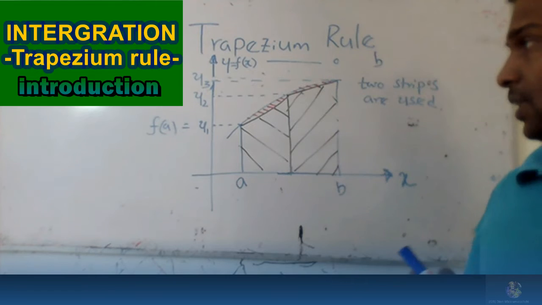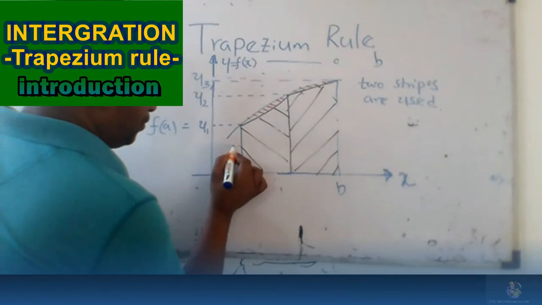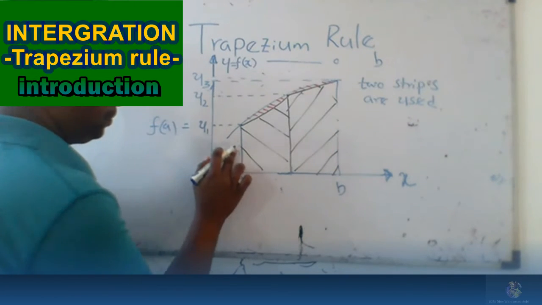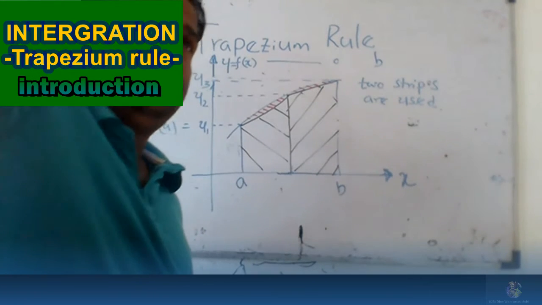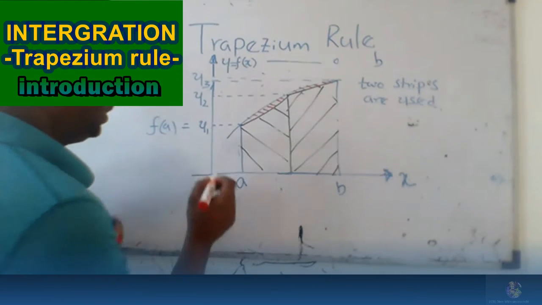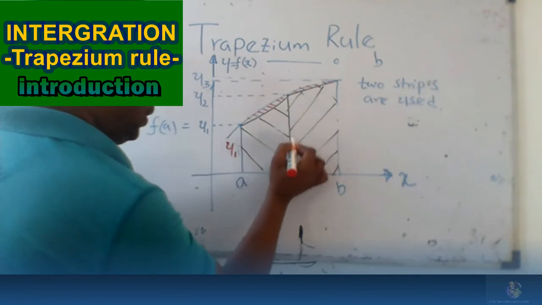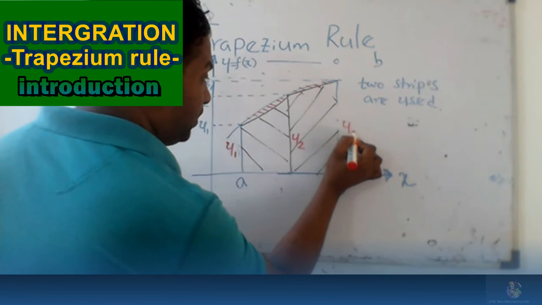Now, as I have mentioned, you can see this length from here to here is y1, here to here is y2, and here to here is y3.